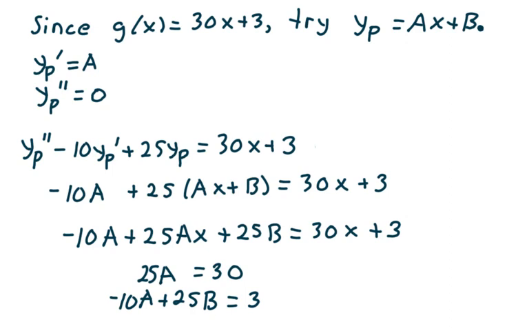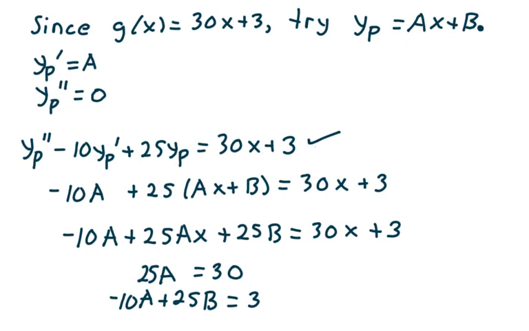So y sub p prime is equal to a, and y sub p double prime is equal to 0. Now remember, by design, y sub p double prime minus 10y sub p prime plus 25y sub p is equal to 30x plus 3.